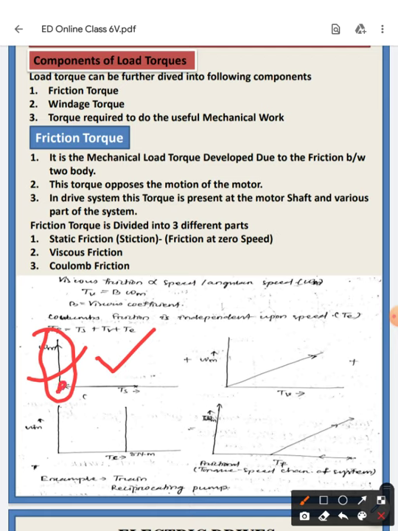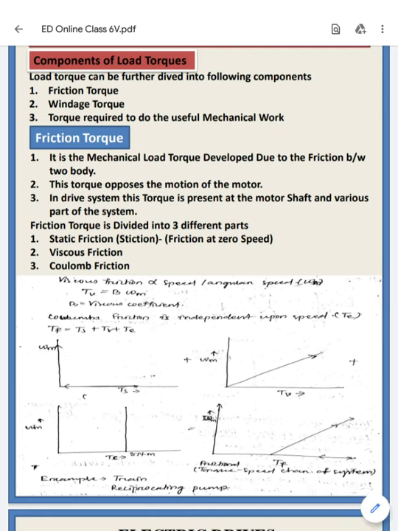So when speed is 0, the frictional force is maximum, and as speed increases in this way, the frictional force will decrease in this direction, right? Again, the second one is the viscous friction. Viscous friction is proportional to the angular speed.